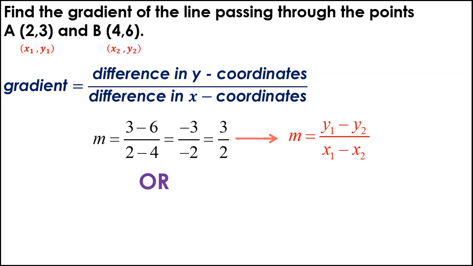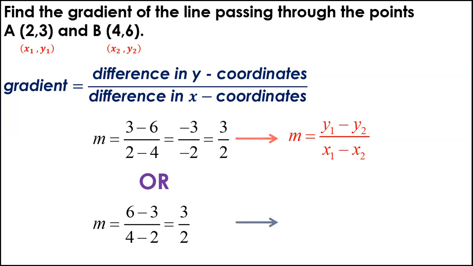Or we could just say 6 minus 3, which is still the difference in y components, all divided by the x components, which is 4 minus 2, which gives 3 halves.